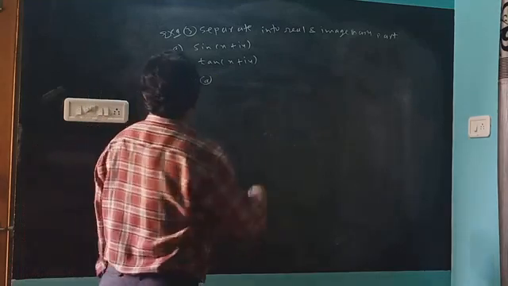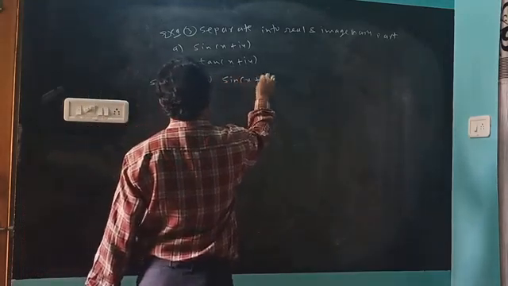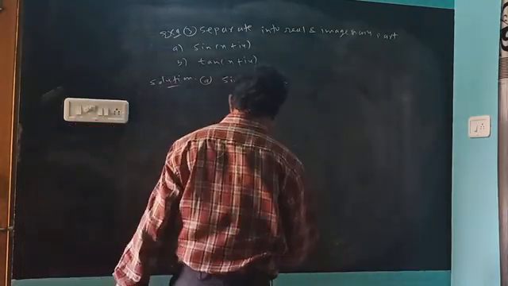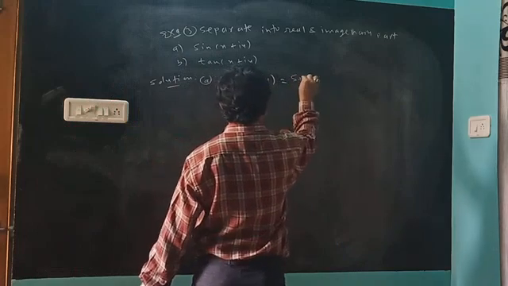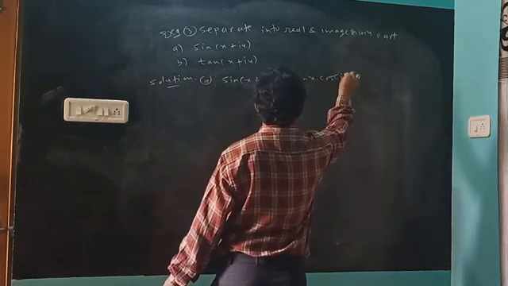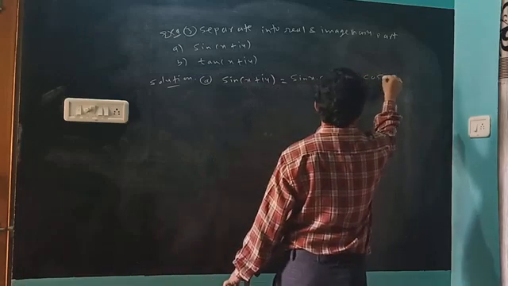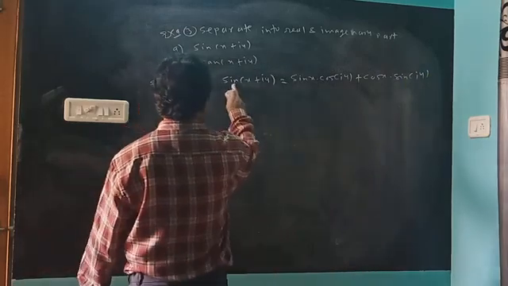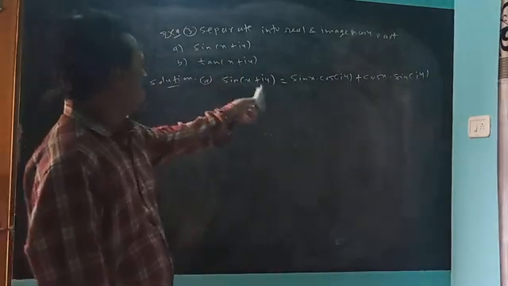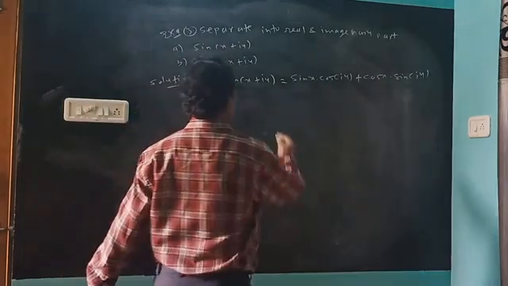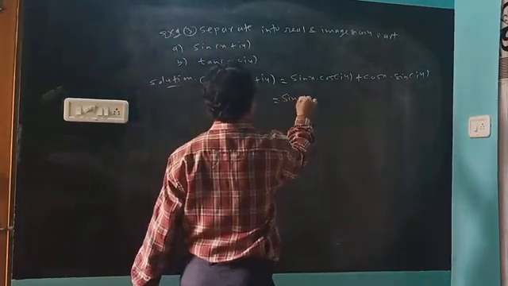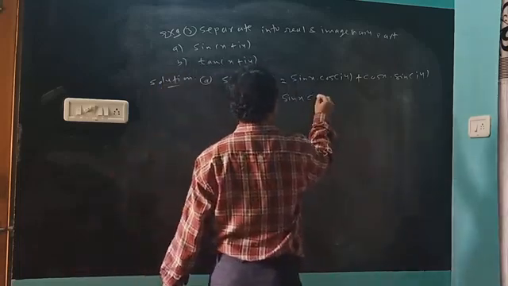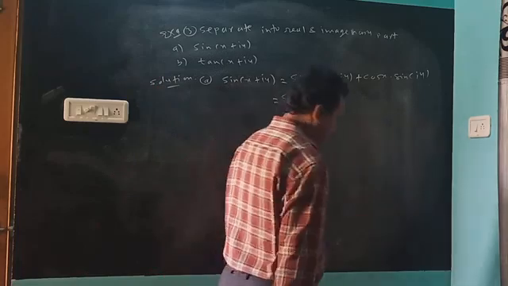First, so sin of x plus iy. Here what is the real part and what is the imaginary part? So sin of x plus iy, sin a plus b formula, sin a cos b plus cos a sin b. Okay, sin of a plus b, sin a cos b plus cos a sin b, so sin x cos iy plus cos x sin iy. Just we have the relation: cos of iy is cos hy, same.